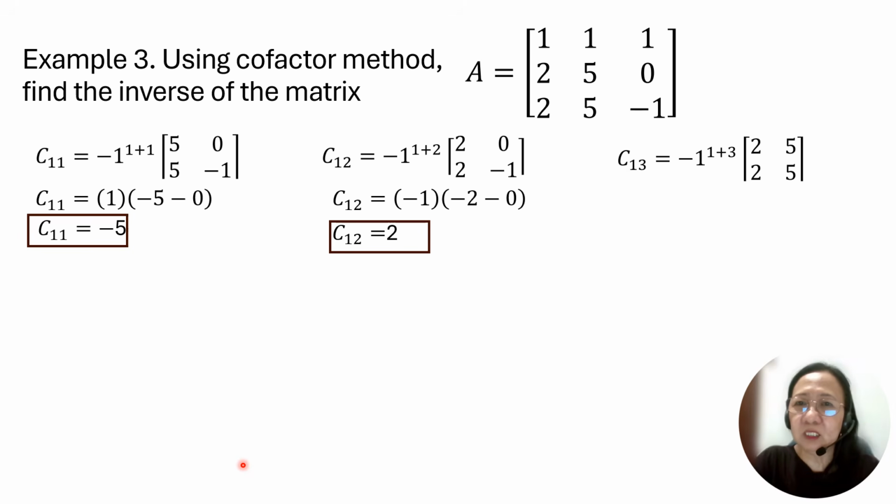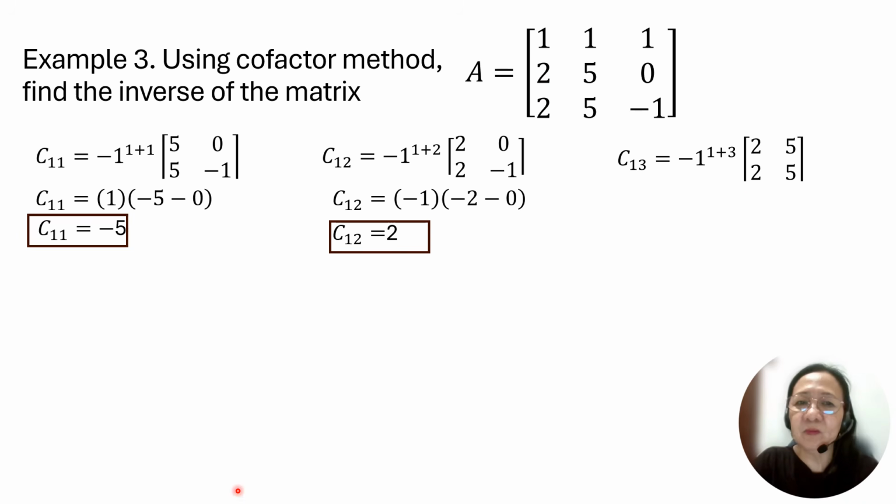Next is C sub 13. So C sub 13 is represented by this number, which is 1. And then what will be the sign? Negative 1 is raised to 1 plus 3. And then let us slash the first row and the third column. So the remaining matrix is 2, 5, 2, 5.